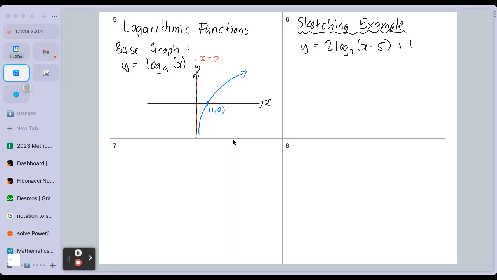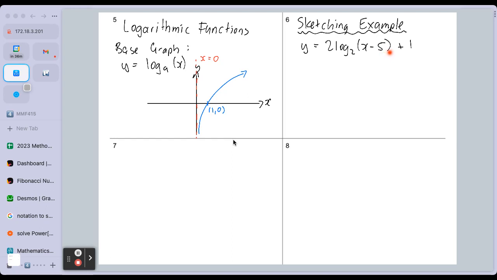With practice, you should be able to see what the transformations are. Dilation of 2 in the direction of the y-axis, a translation of 5 units to the right, 1 unit up.